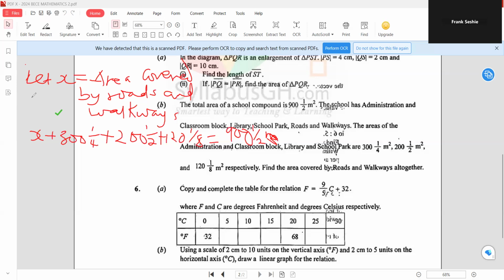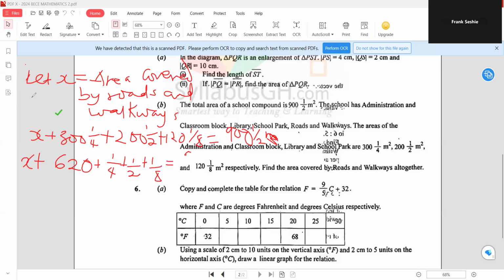So if I'm adding up this, 300, 200, 500 plus that is 620, then I'm going to add a quarter to a half to 1/8, right?